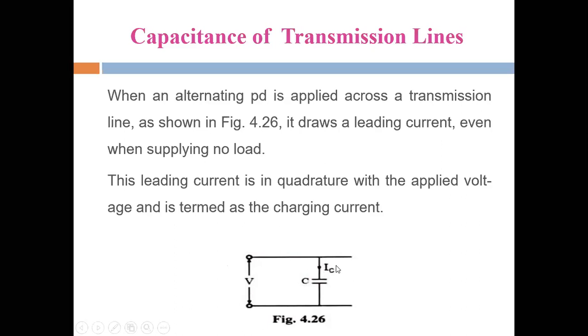When we apply the voltage to that capacitor, it draws some leading current even when there is no load. That leading current is in quadrature with the voltage, and it is called the charging current.